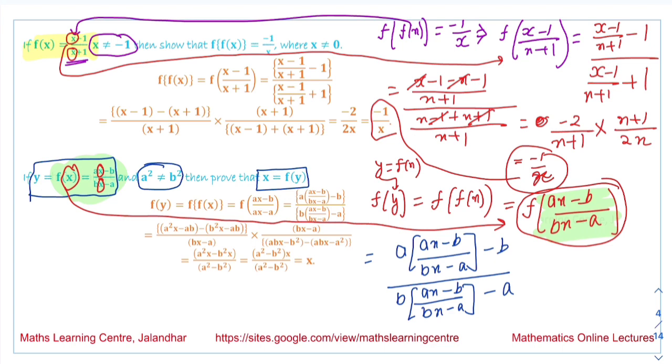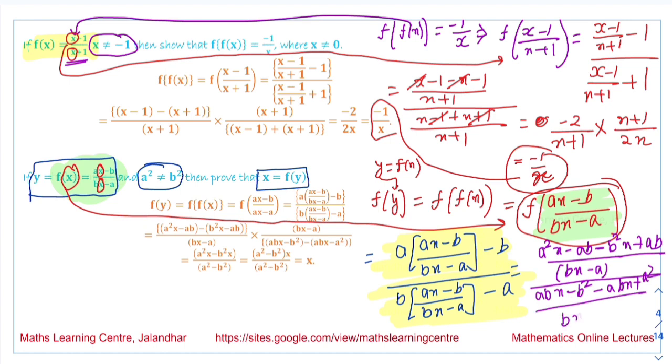On solving this value, if you again take the LCM over here, the LCM we have is bx minus a, and in the numerator you will get a square x minus ab, and minus b square x plus ab, divided by abx minus b square minus abx plus a square, upon bx minus a.